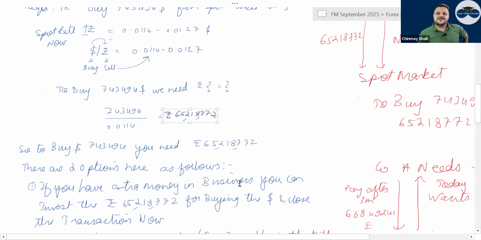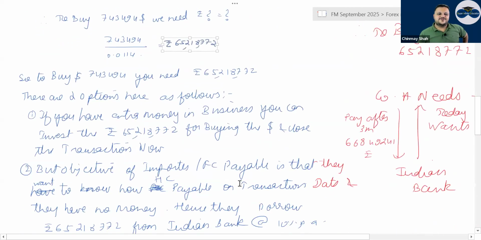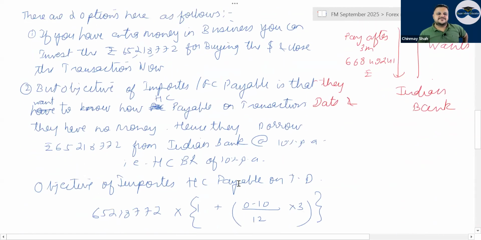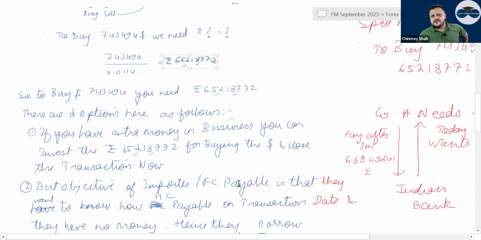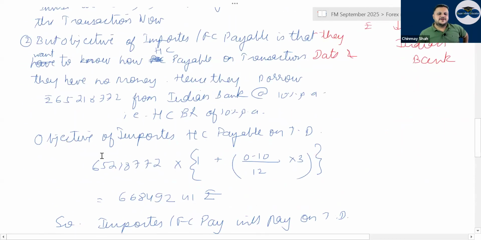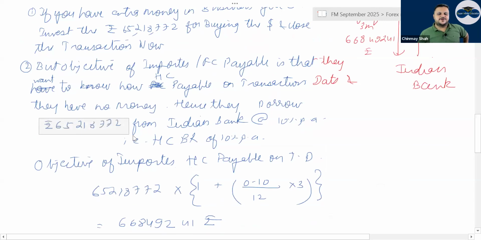So you run to the local bank and say, boss, I need 65,218,772 rupees. They say, okay, we will lend it to you. And this borrowing will mature after 3 months or whatever the credit period, and accordingly you will find the amount payable will be 6684921.